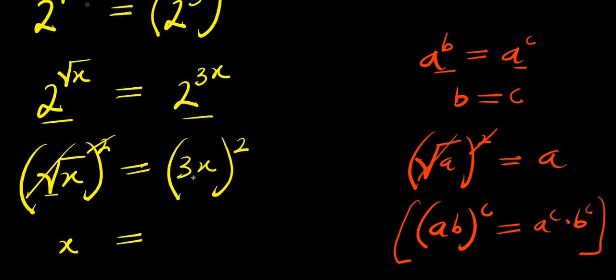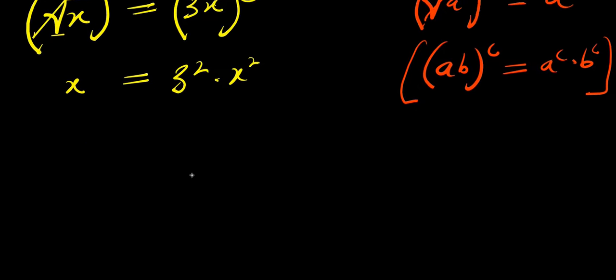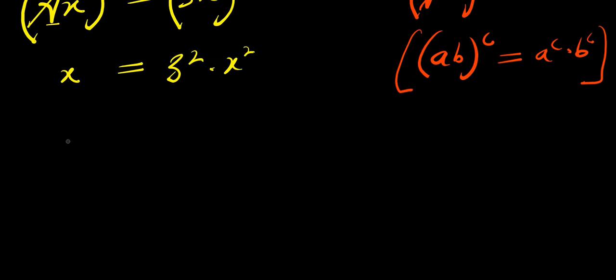So we are going to distribute this to each of the terms here. We have 3 power 2 times x power 2. So from here, we have x equals 3 power 2, this is 9, times x squared. So we have x equals 9x squared.